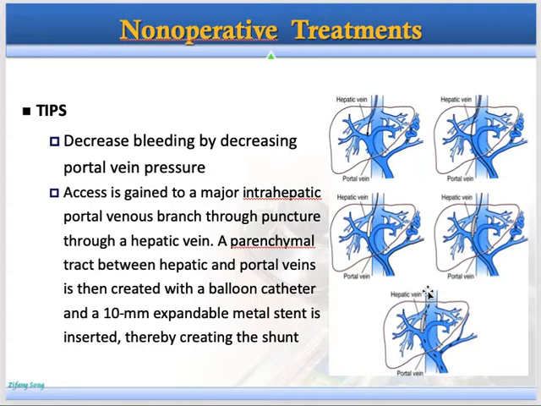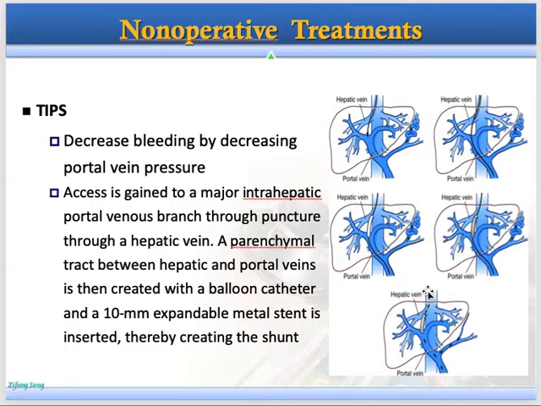So what will happen is this blood is no longer detoxified by the liver, which will introduce toxic substances into the systemic circulation, and it can lead to encephalopathy. So we call it post shunt encephalopathy.